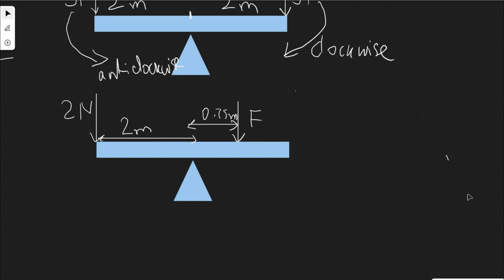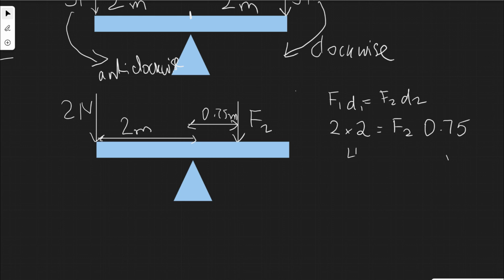All we need to do is equate the two moments. So our initial moment is going to be force times distance. Often I'll just write F1 D1 is equal to F2 multiplied by D2. Now my first force is just 2 newtons multiplied by 2 meters, and this will equal my second force, let's label that as F2, multiplied by the second distance, which is 0.75.